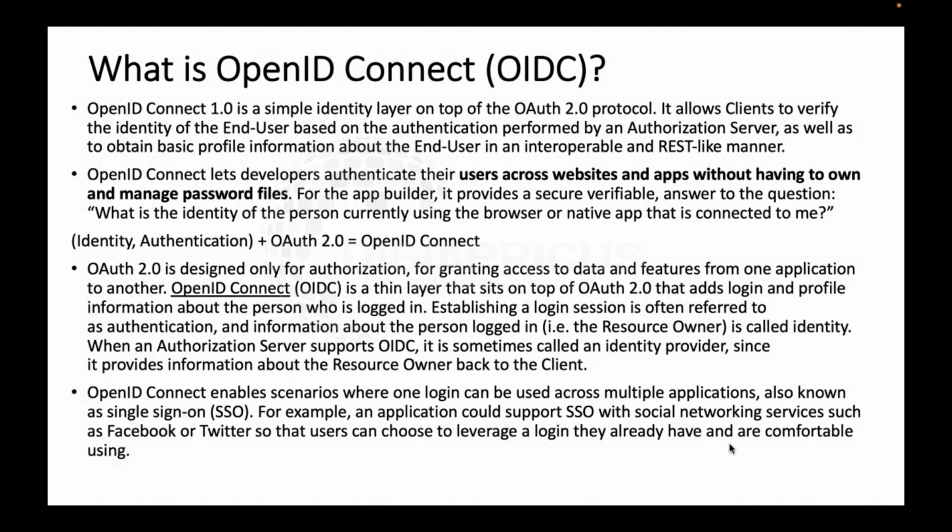For the app builder, it provides a secure, verifiable answer to the question: what is the identity of the person currently using the browser or the app that is connected? When we compare SAML and OIDC, both operate in a different manner.